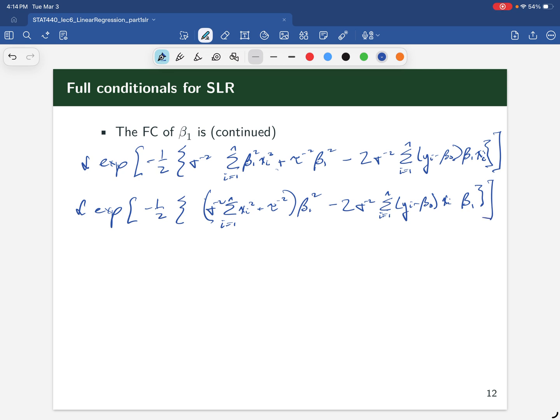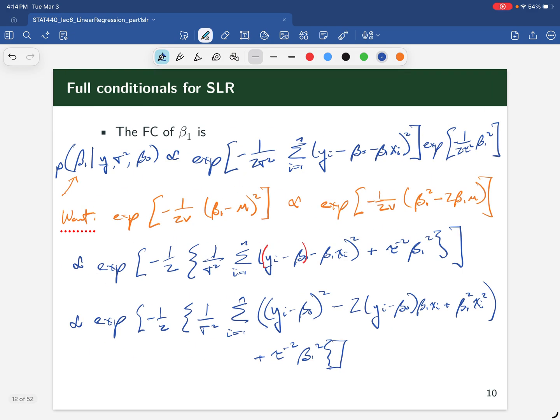Okay, now if we think about our goal again, let me flip back. We need to have beta 1 all by itself. We don't. So that stuff that's being multiplied by beta 1 in our expression, we're going to call v.